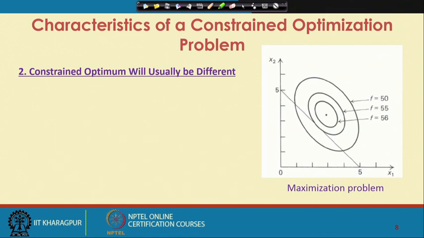But the constraints, when they are present, will usually have a different optimum than the unconstrained case. Look at the diagram shown. Let us say we are solving a maximization problem.